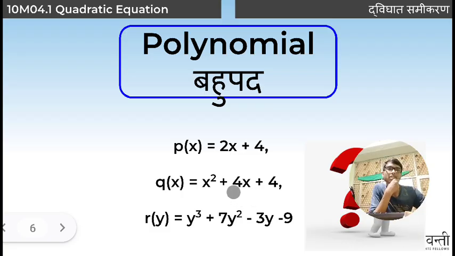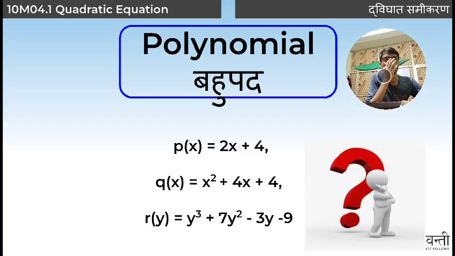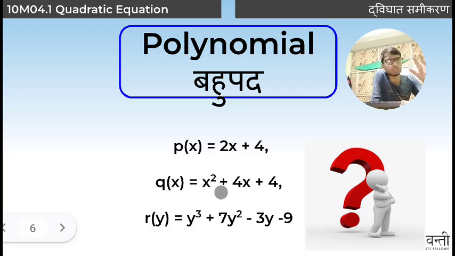Now can we say this is a polynomial? Yes, of course this is a polynomial. How to check? I will tell you. Right now I want to tell you: the degree should be only a whole number, not an integer, not rational. Only a whole number, which starts from 0.